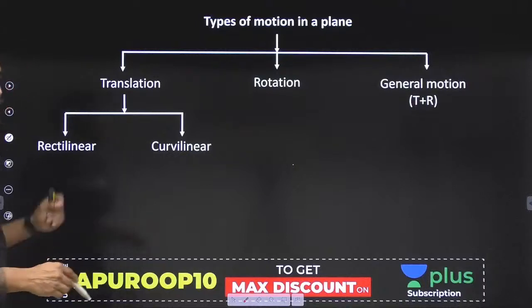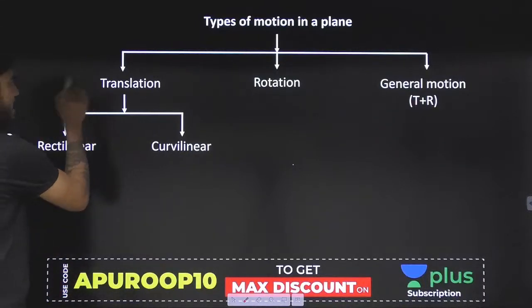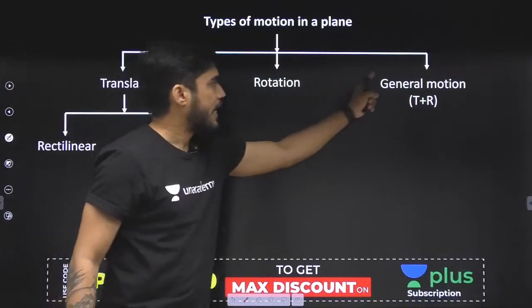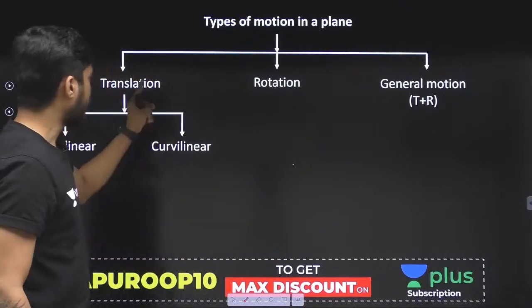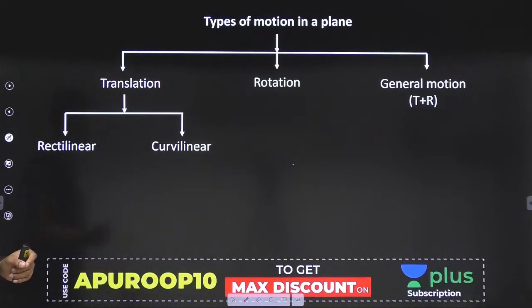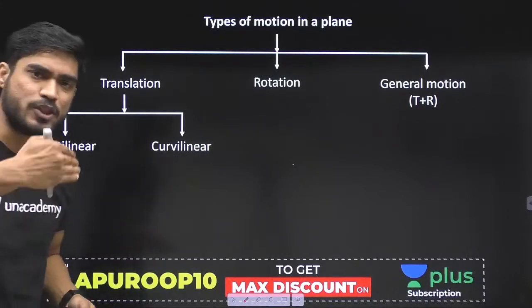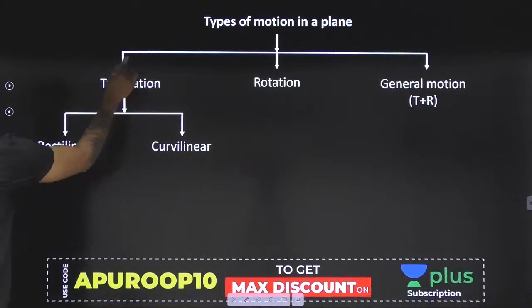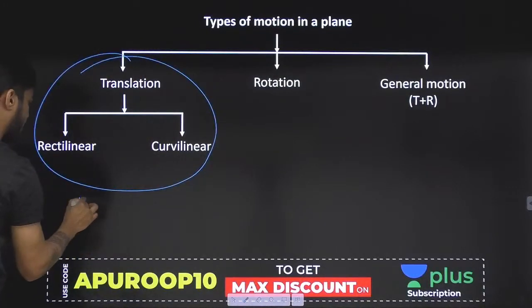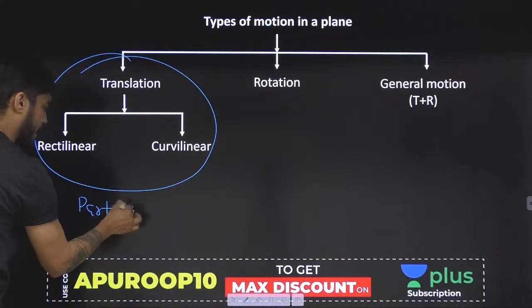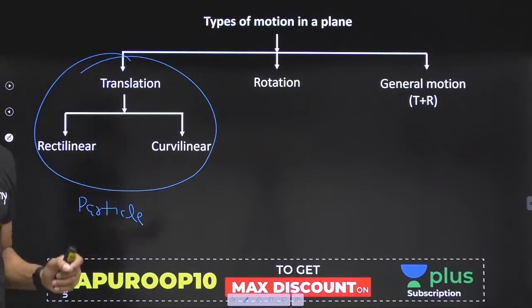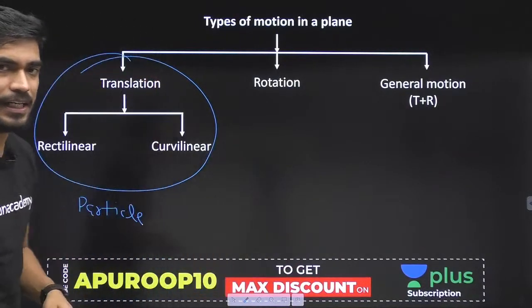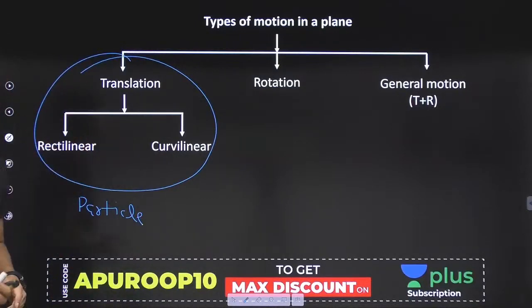We divide the motion into three categories: translation, rotation, and general motion. In translation motion, all the particles of the body move with the same displacement, velocity, and acceleration. So in this case, we consider the body as a particle. When I say kinematics of particle or kinetics of particle, it is the study of translation motion.